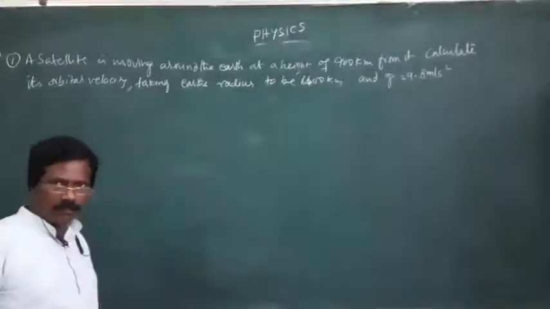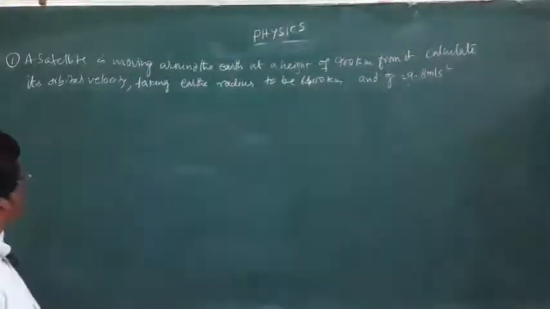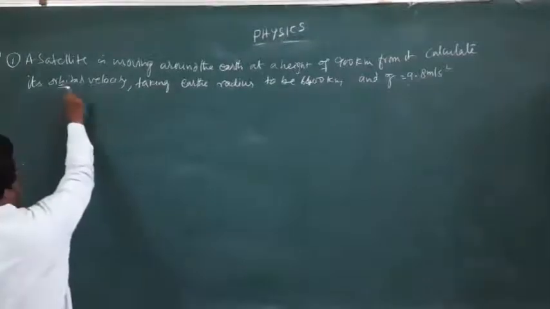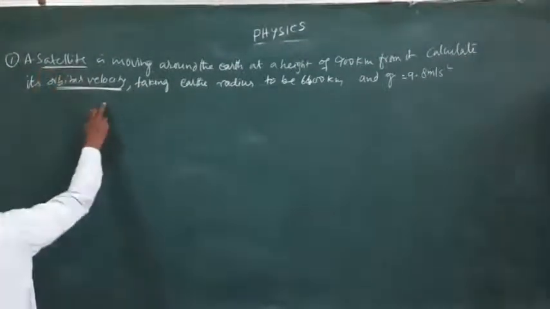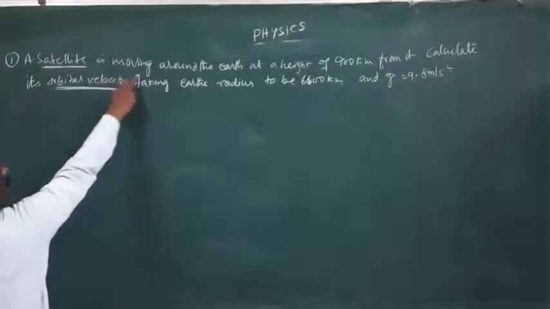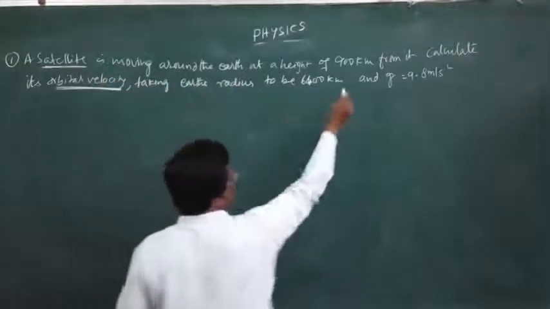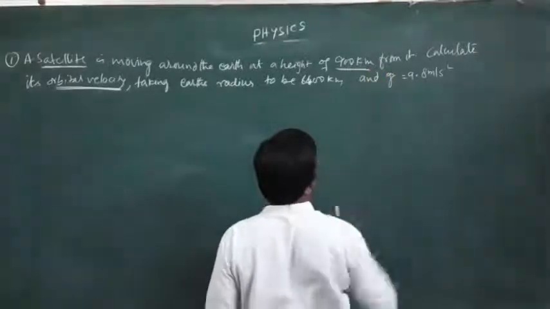So this is the problem given to you. What is your aim? Your aim is to calculate the orbital velocity of the satellite, which is moving around the earth at a height of 900 kilometers.